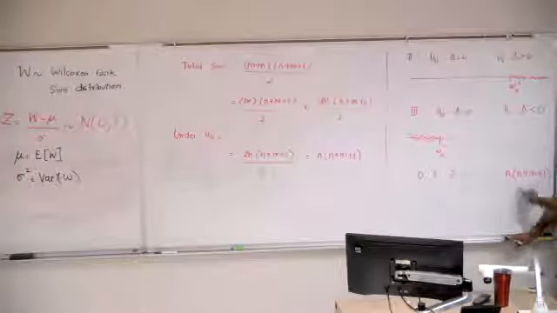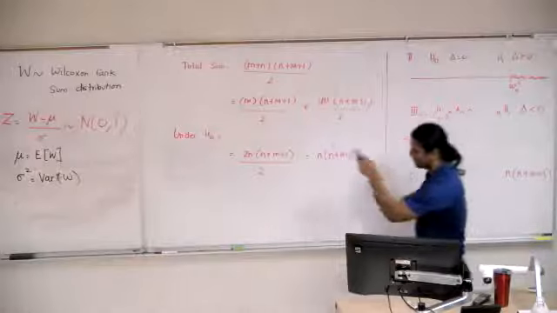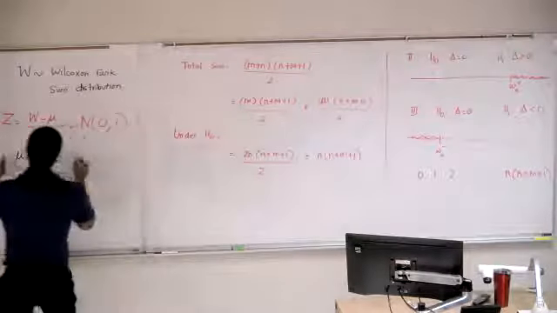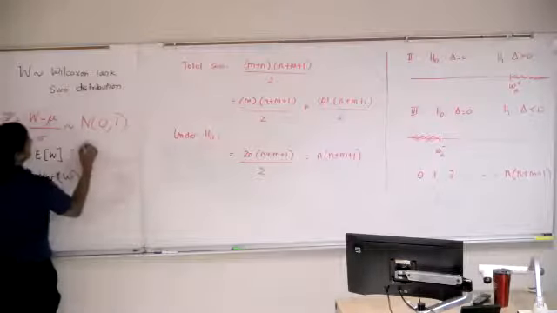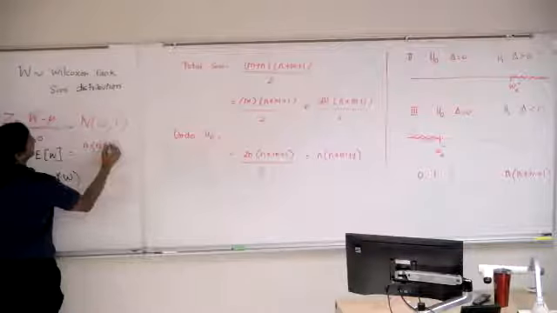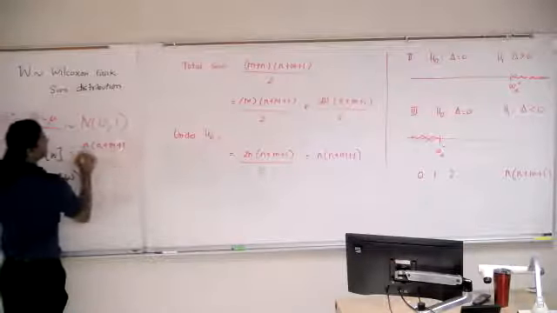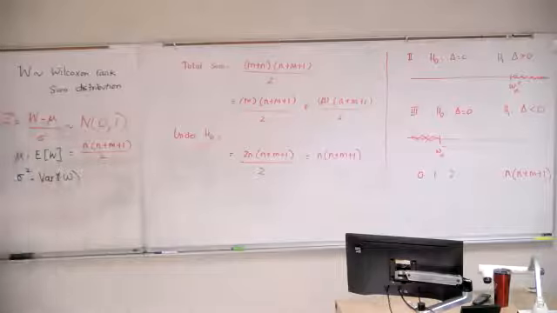Divide that by 2, right? So the mean mu is simply n times n plus m plus 1 divided by 2.